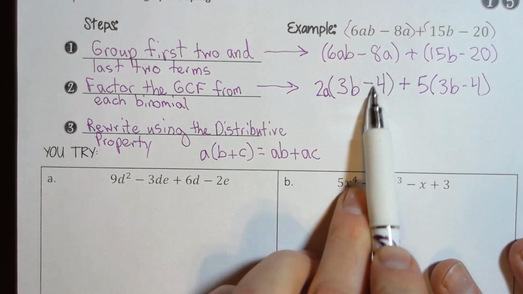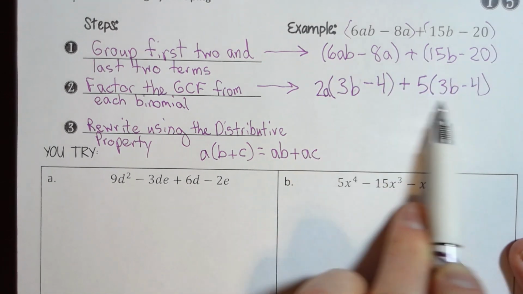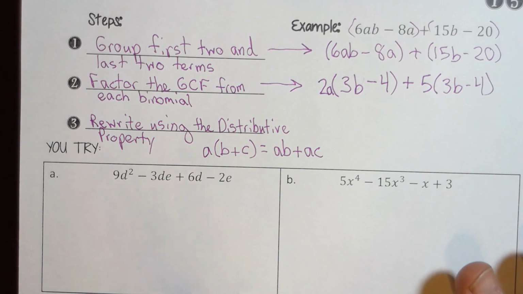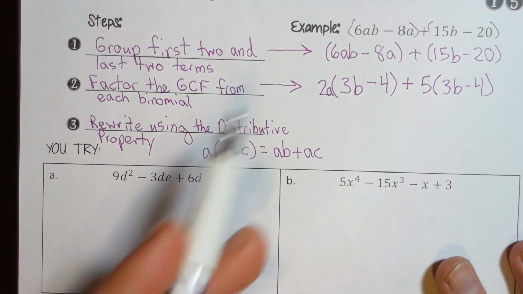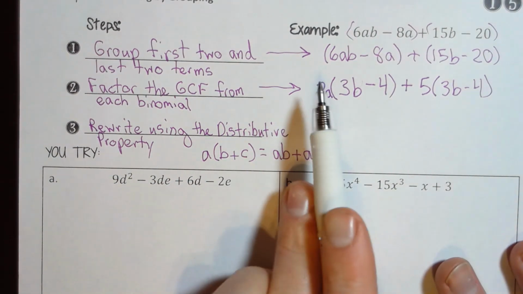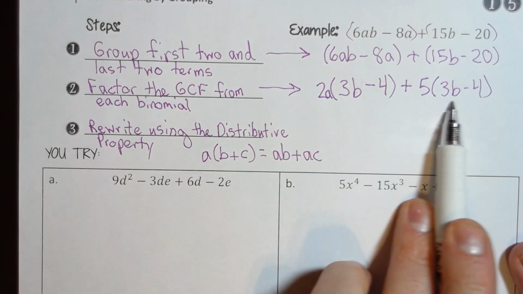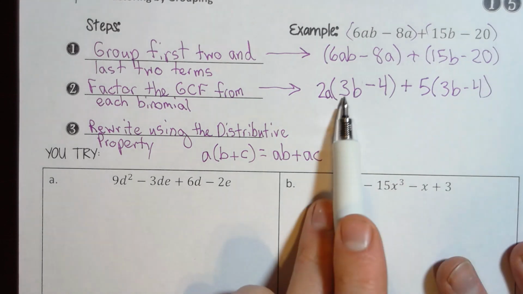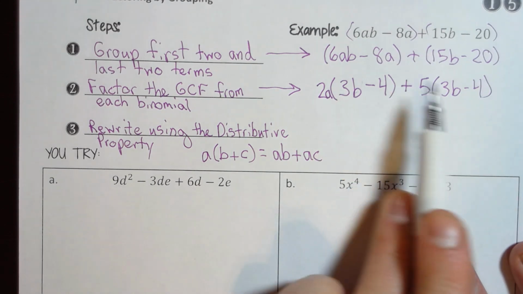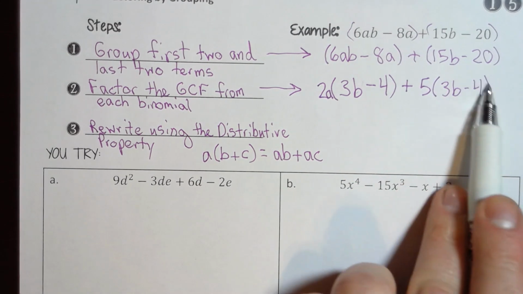So we've got one term here and one term here. The silly thing is it's written backwards. This is really written as like B and A and C and A. But this is exactly the same. Do you see it? 3B minus 4 and 3B minus 4. That is exactly the same.